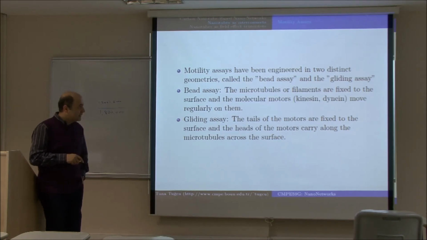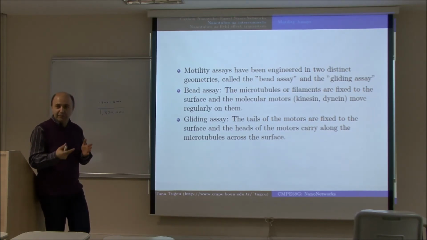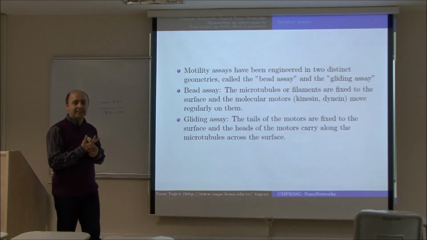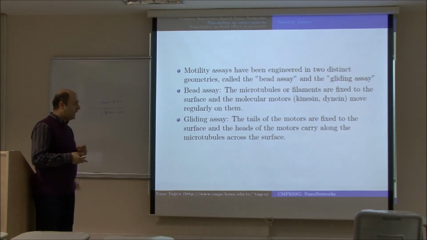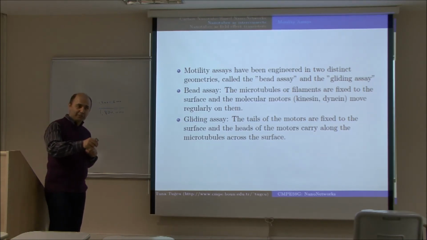This time, the tails of the motors are fixed, not the heads, of course, because that's the part that is touching the microtubule. So that part has to be free. But the tails or the neck of the molecular motors are fixed, and then you release the microtubules on these motors.